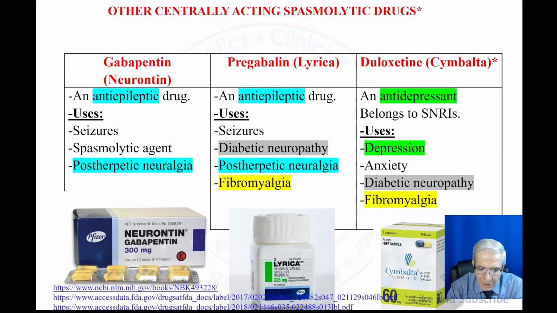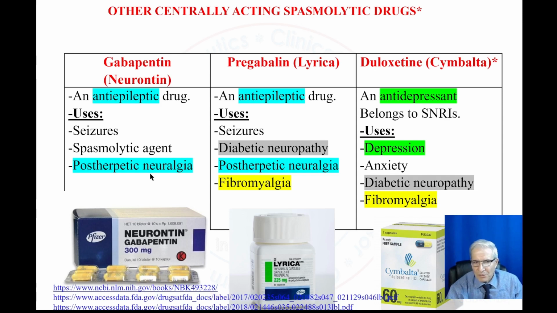The first medication on the list here, we have gabapentin. We know that gabapentin belongs to the anti-epileptic drugs. This medication is normally used for seizure. This medication has a spasmolytic effect. This medication also could be used for post-herpetic neuralgia.